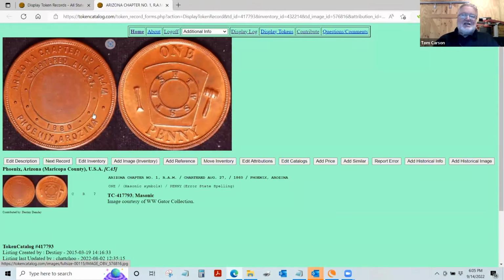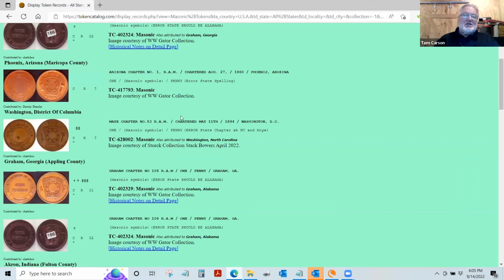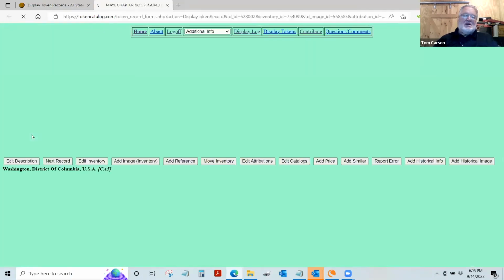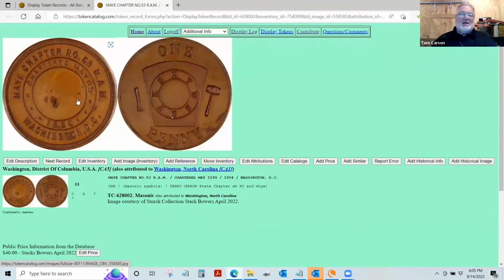Also, there were some issues with spelling. This is Phoenix, Arizona. In the state name, they flipped the O and the I. Instead of Arizona, it's Arizona. A nice, interesting mistake. This is a good old two-error penny.